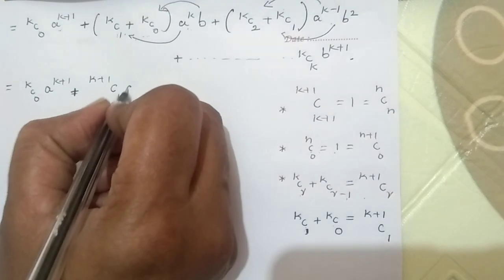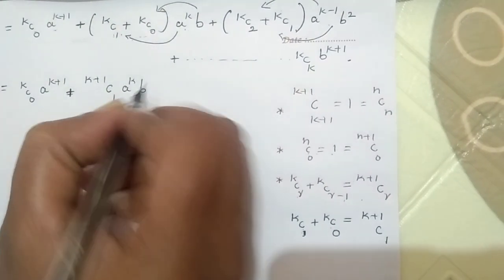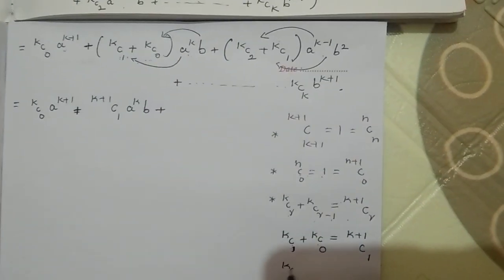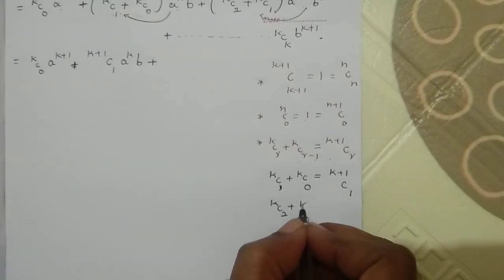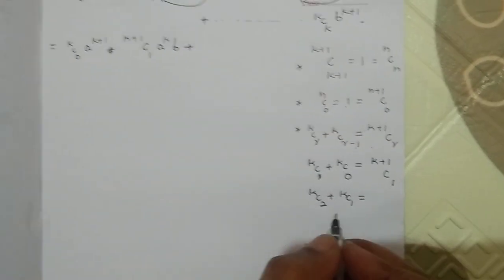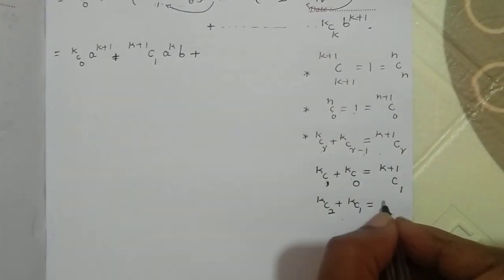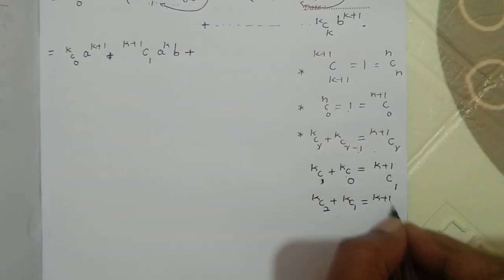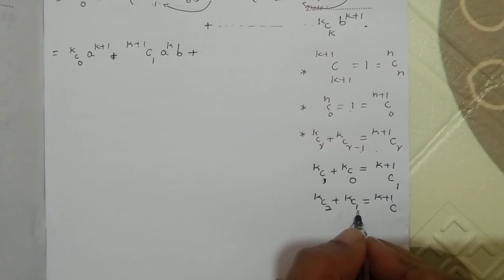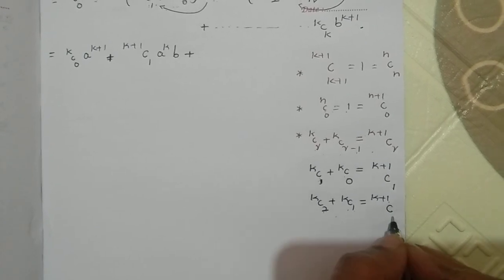The common term is as it is. Similarly, the second one, kC2 plus kC1, by the same formula gives k plus 1 C2.